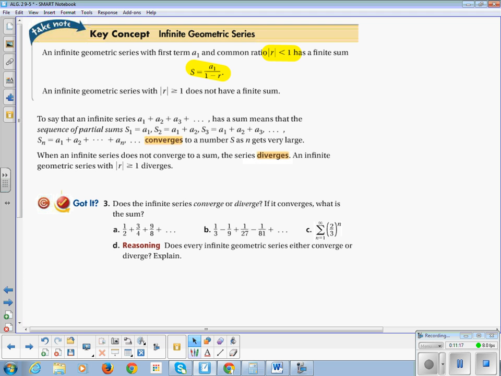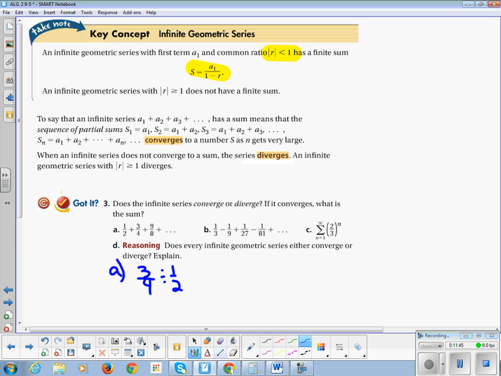So we need to find the common ratio to see if it converges or diverges. And then if it converges, then we need to find its sum. So do you guys remember how to find a common ratio? We divide. So I'm going to take 3/4 and divide it by 1/2.